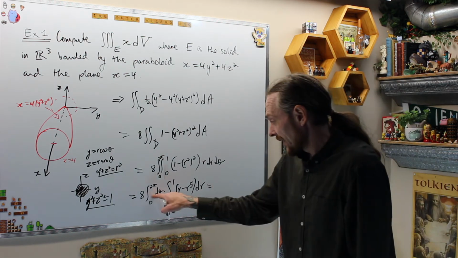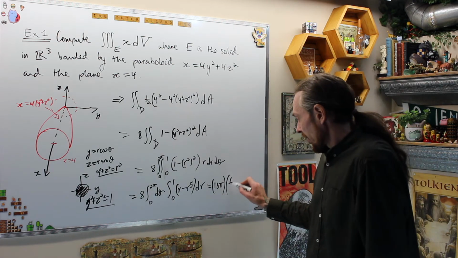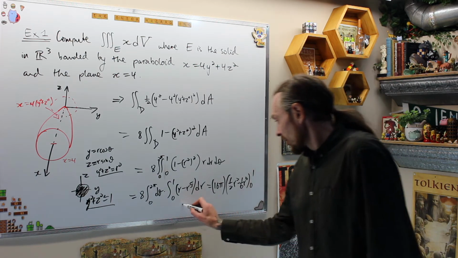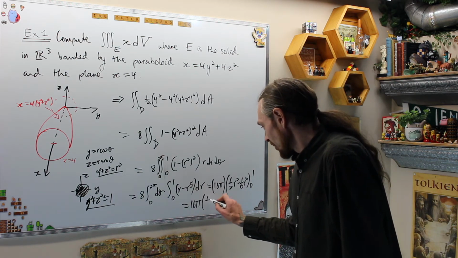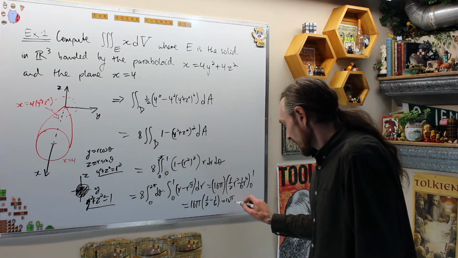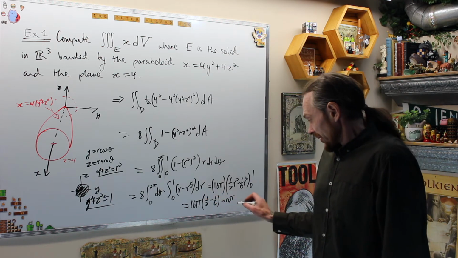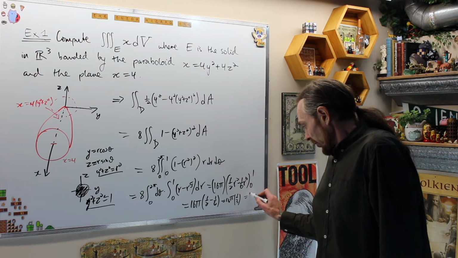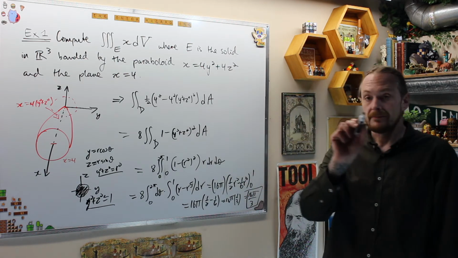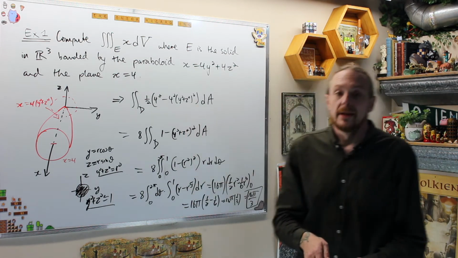I'm just going to get 16 pi times 1/2 r squared minus 1/6 r to the 6 from 0 to 1, which is going to give me 16 pi times 1/2 minus 1/6, which is 16 pi times 3 minus 1, which is 2 over 6, which is 1/3, or 16 pi over 3, is the hypervolume to the power 4.